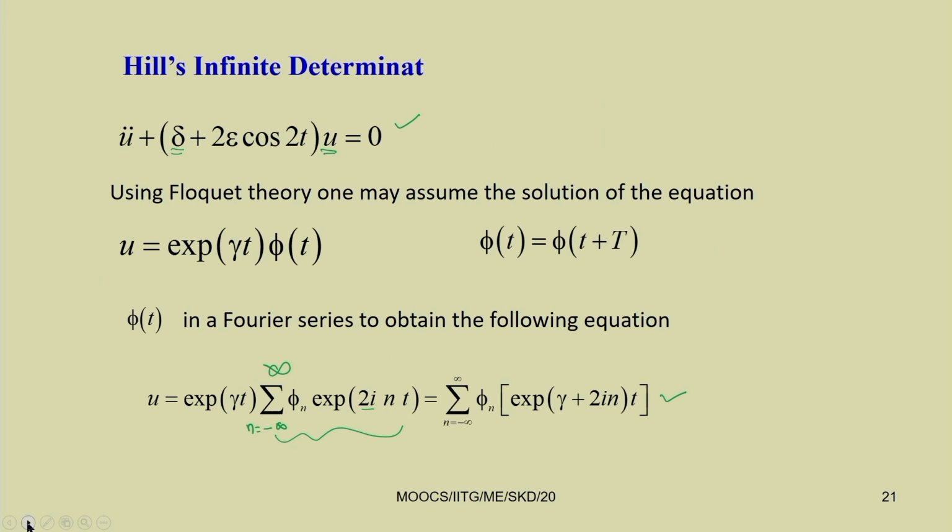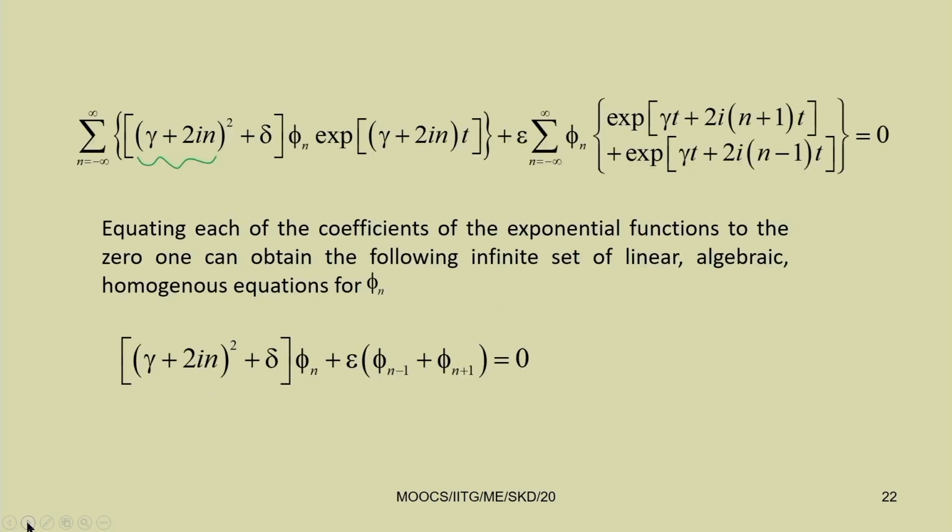This cos 2 t you can write in exponential form also, and then you can multiply that with u n. You know cos theta equals e to the power i theta plus e to the power minus i theta, divided by 2. So we have a term 2 epsilon cos 2 t, and the 2 will cancel.